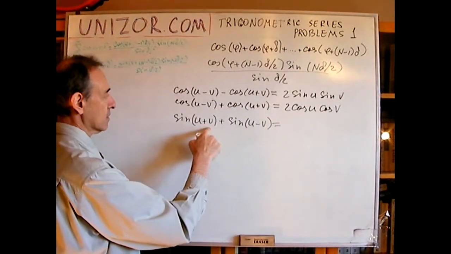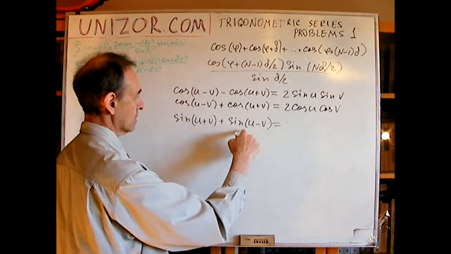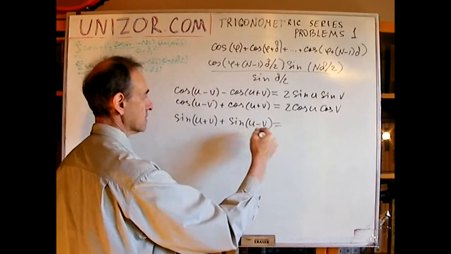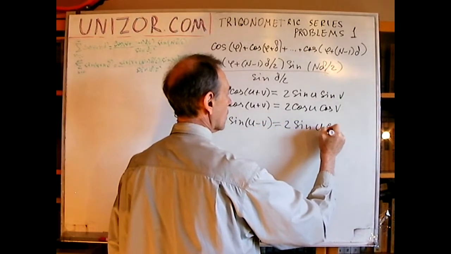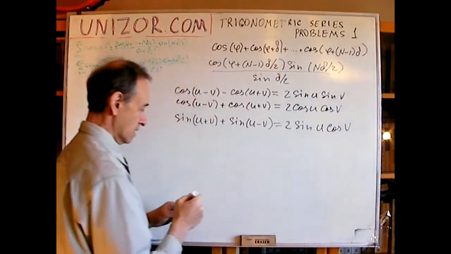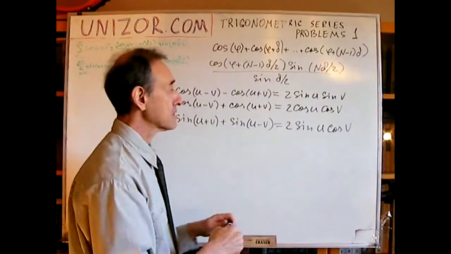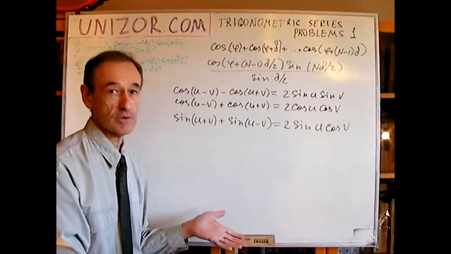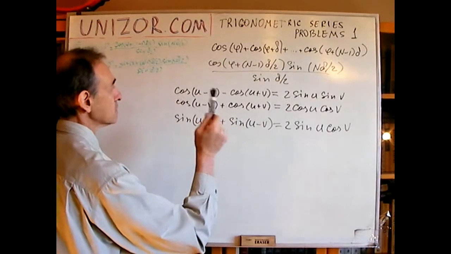This is sine cosine plus cosine sine, and this is sine cosine minus cosine sine. So what I will have is 2 sine u cosine v. These are the transformations which I used in the previous lecture, and they are kind of trivial identities. And here is what I have.